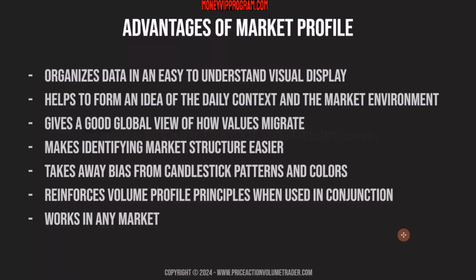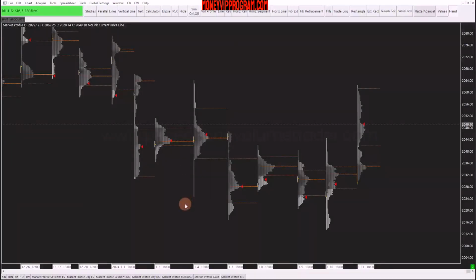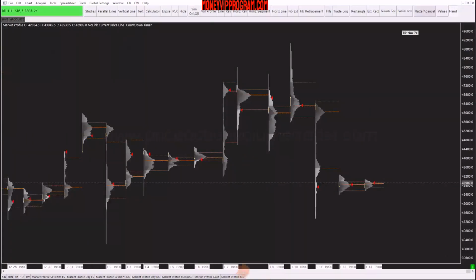It is possible, for example, with crypto, if you're using one of the largest exchanges, you can do order flow trading. But when it comes to market profile, since we're taking into account time versus price, any market on the charts is going to work out very well. As you can see here on the template that I'm going to share with all of you, I have several charts.